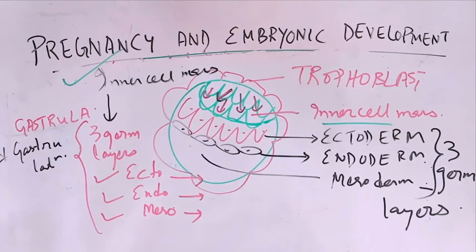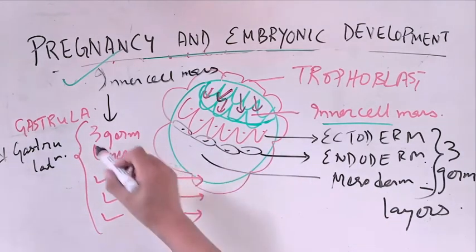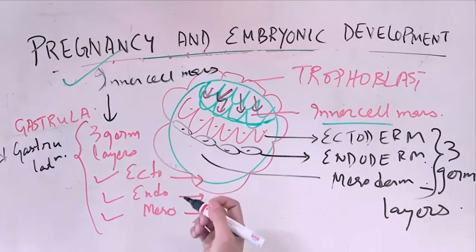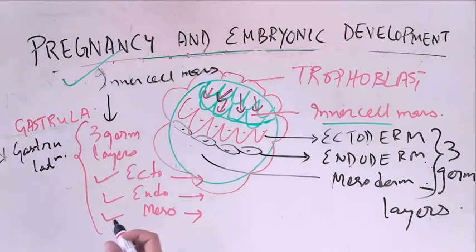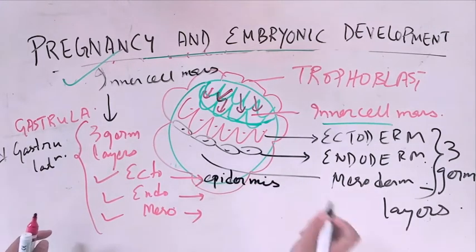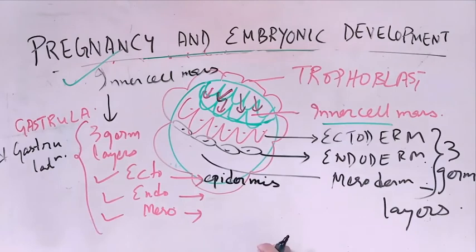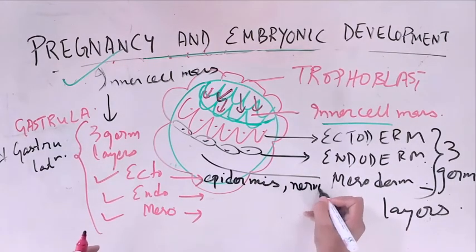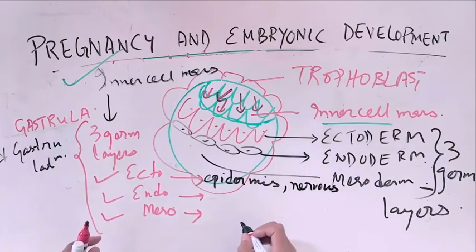gastrulation is the process where 3 germ layers form. Ectoderm forms the outer layer. The 3 layer structure of an embryo: ectoderm will form the epidermis of the skin, and also the nervous system, the brain and the nervous system.